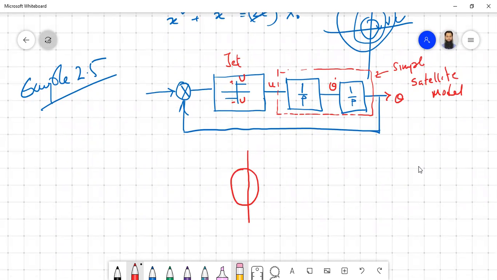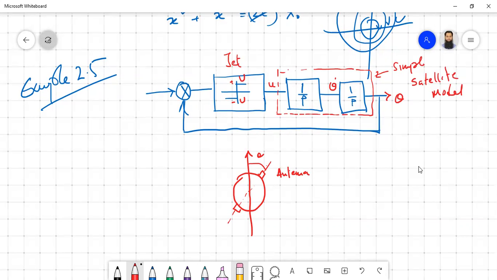Okay, let me try it again. So this is your reference axis, and whenever your satellite is moving with an angle, say theta, something like this, with an angle theta. This is an antenna.